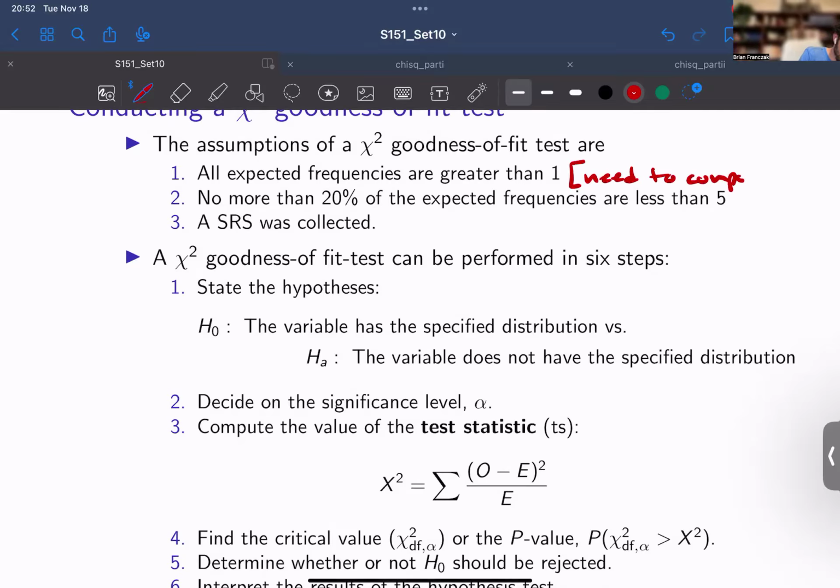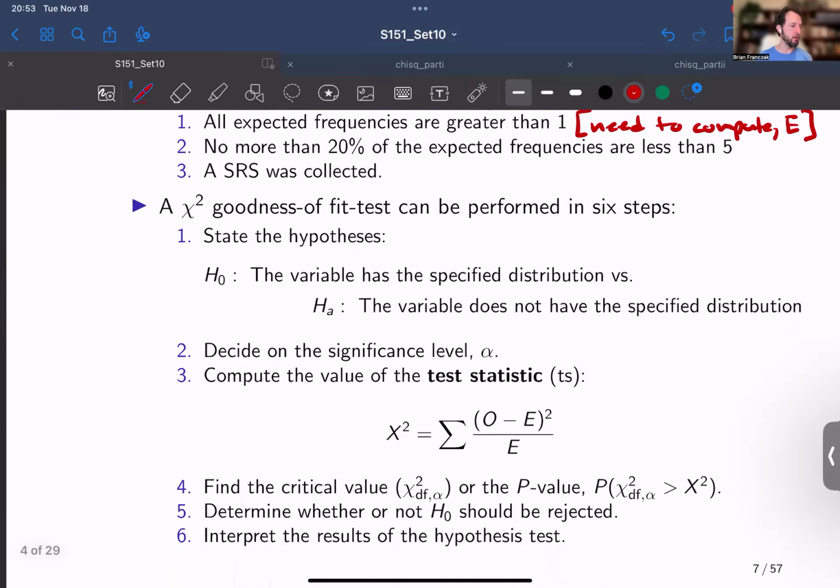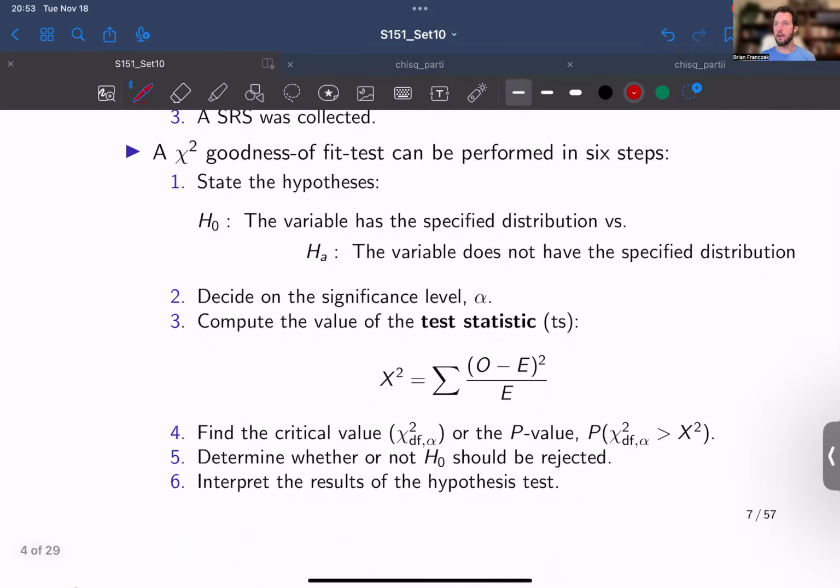Okay? So I typically will refer to the expected frequencies as capital E, and these are something that we will actually calculate ourselves within the chi-square test. So the chi-square test actually starts with calculation of the expected values, capital E, the assumption check, and then we move into our hypothesis test, which again has the same 6 steps that we've looked at for all of our hypothesis tests.